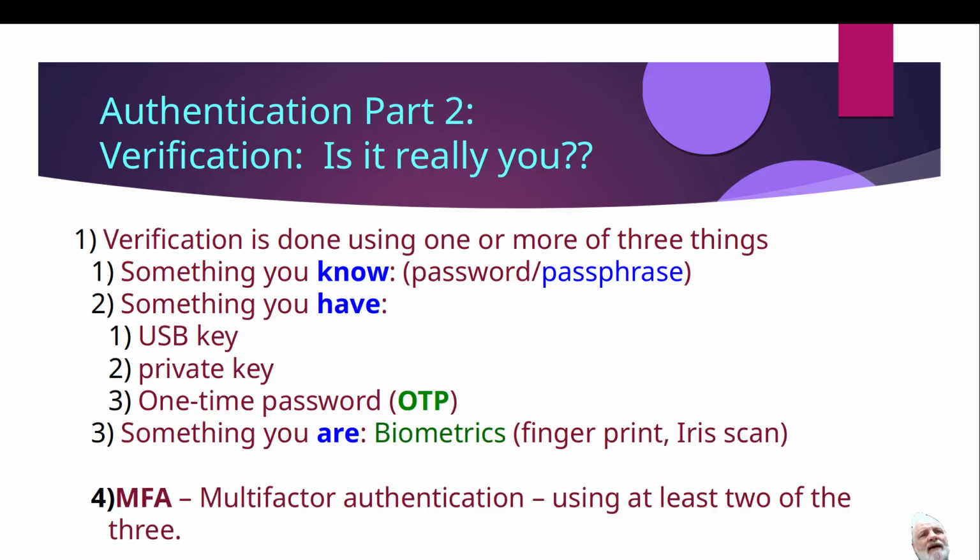So something you have could be a USB key, some kind of private key, a one-time password, or number 3 is something you are. Using something like a fingerprint or an iris scan that should identify you uniquely.